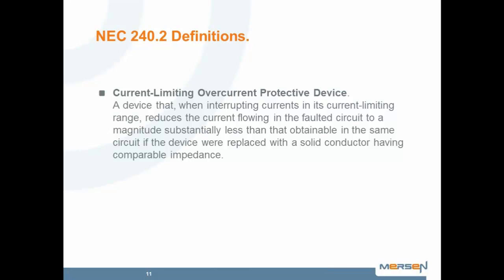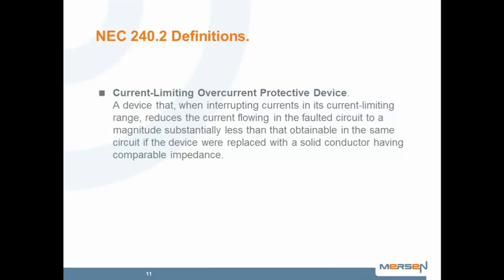A device that, when interrupting currents in its current limiting range, reduces the current flowing in the faulted circuit to a magnitude substantially less than attainable in the same circuit if the device were replaced with a solid conductor having comparable impedance.